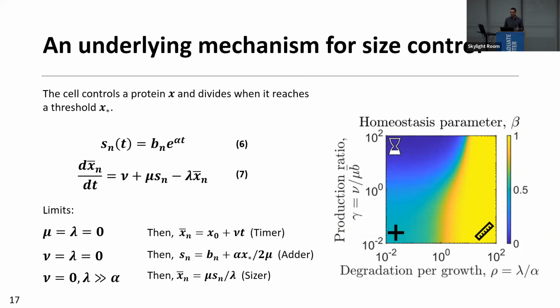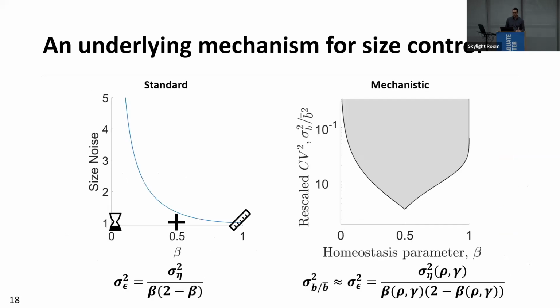So we want to see how this compares to what we had before and how the prediction would change. What we find is that the standard model neglects the dependency on any internal mechanism, so you get just one line curve.